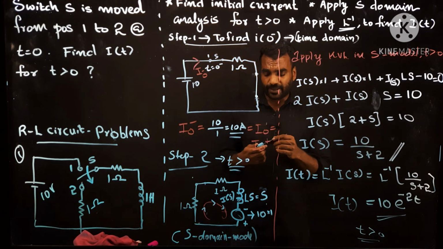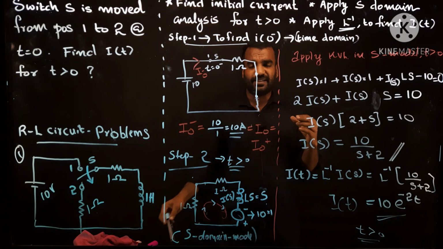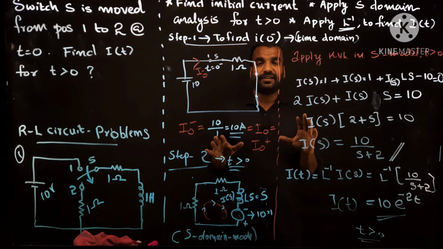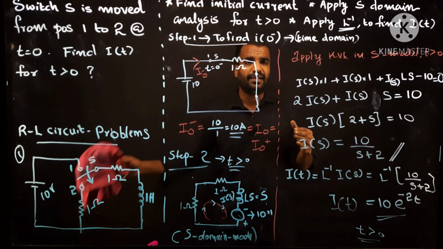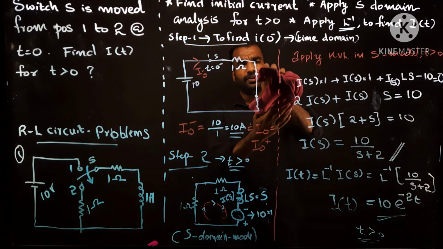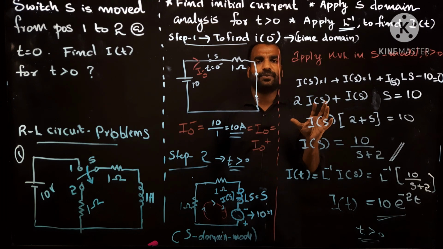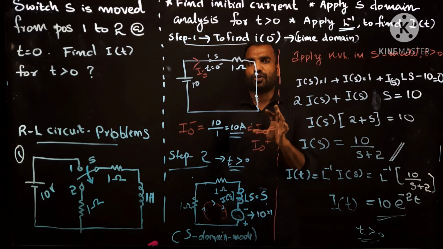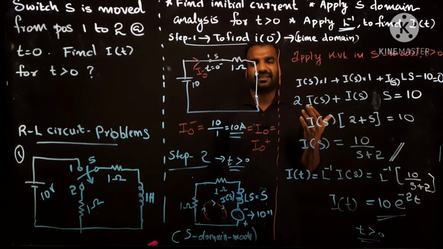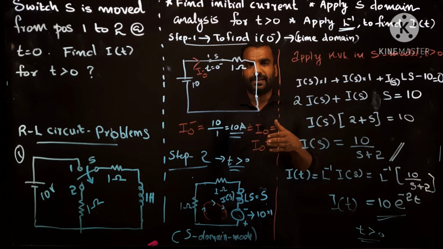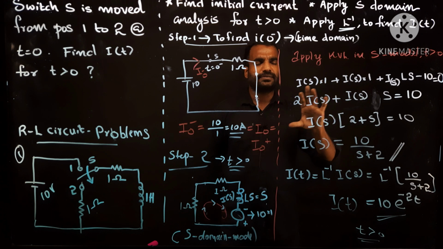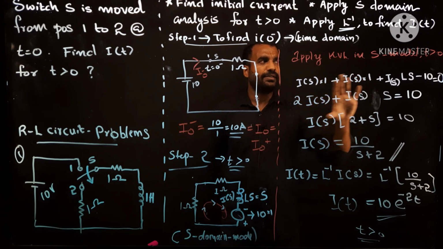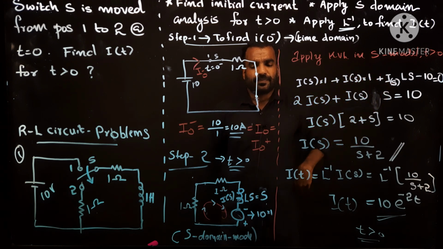I explained some portions a bit largely because I think you may lose some basic ideas, since we left this topic some 5 or 6 classes back in time domain analysis. That's why I touched all the areas regarding the RL circuit in initial time.